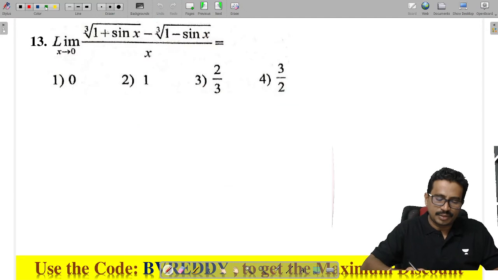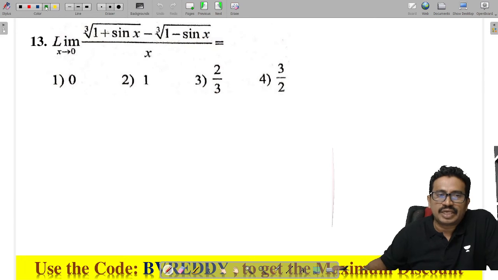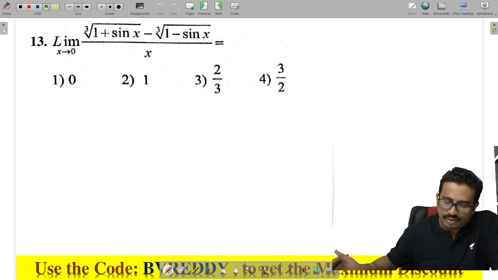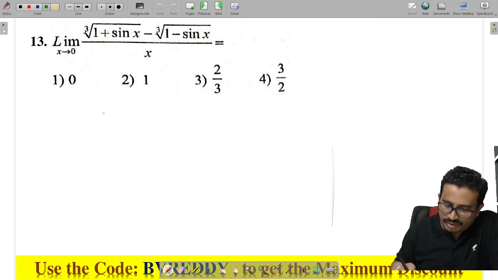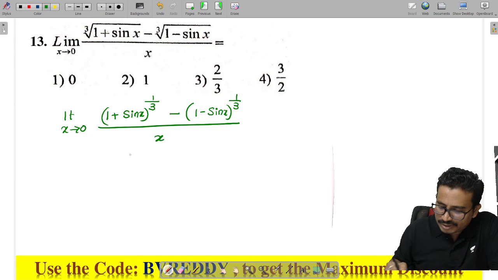Next problem. And here also if I replace x is equal to 0 directly, we'll get 0 by 0 form. So here also we'll go for L'Hospital rule. Limit x tends to 0, (1 plus sin x) whole power 1 by 3 minus (1 minus sin x) whole power 1 by 3, by x.